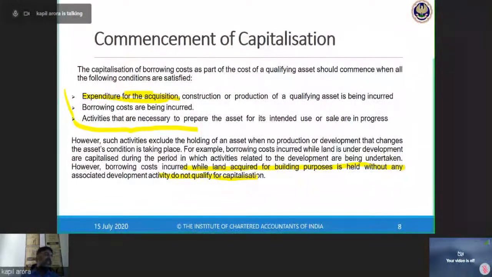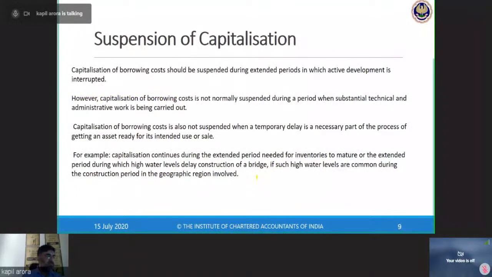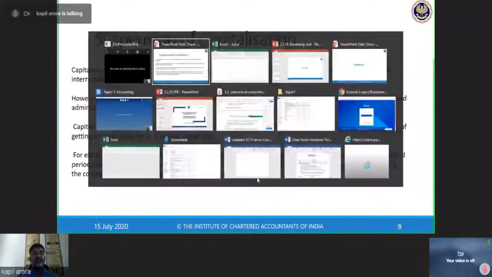Then in that case, I can say that construction activity is not in progress. That was about the date of start. So before moving on to the end date, let's look at the period when it is suspended.